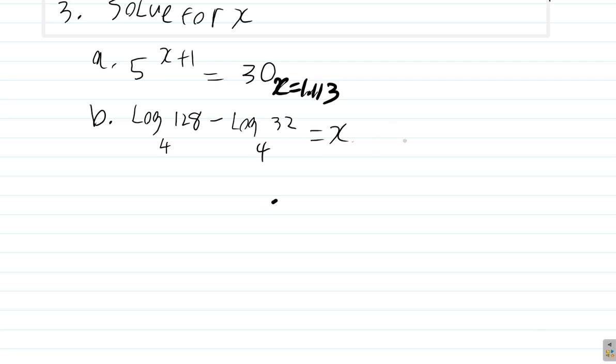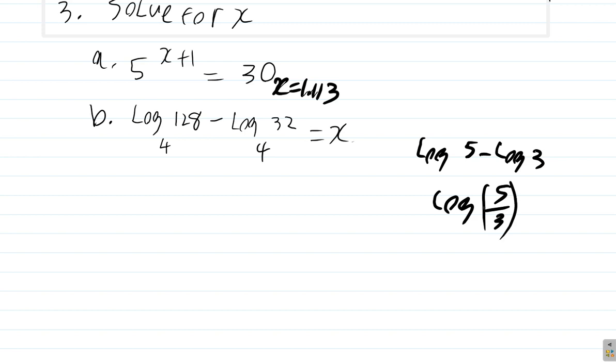It's somewhat like you're saying log 5 minus log 3 is going to be log of 5 over 3. Remember the laws of logarithms, right?